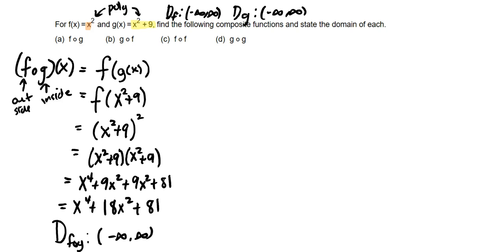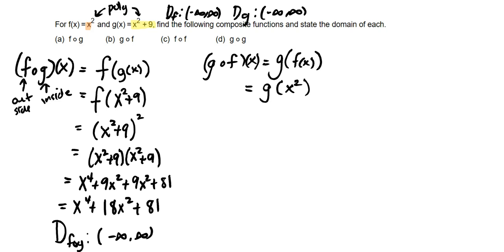Now let's find g composed with f. So g composed with f of x is going to be g of f of x. F of x is now the inside function. And f of x is given to be x squared. So in the function g, everywhere I see an x, I'm going to change that x to x squared.